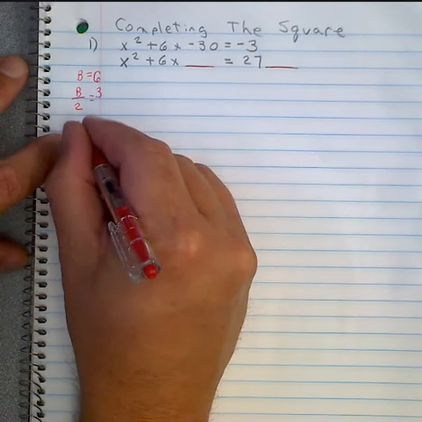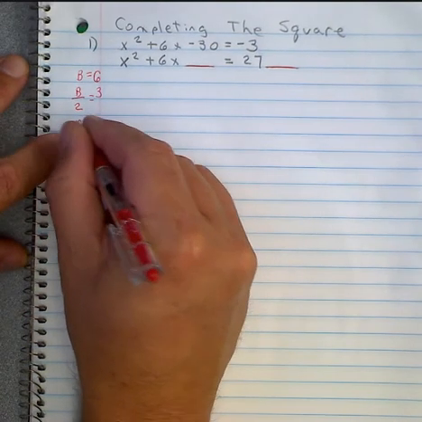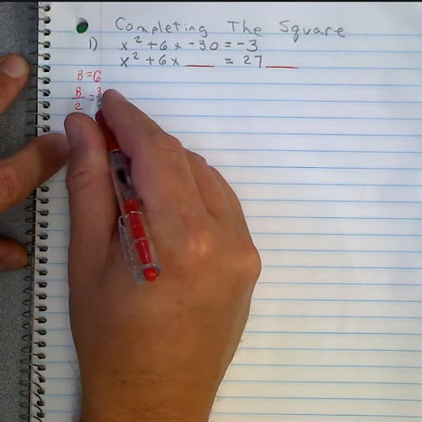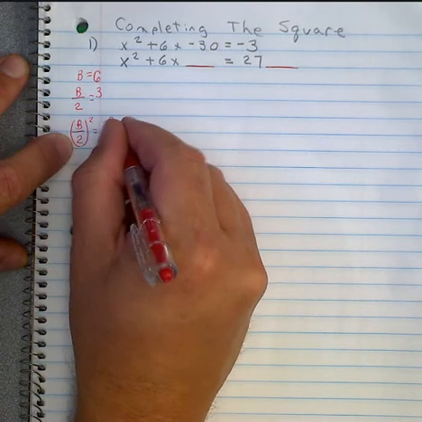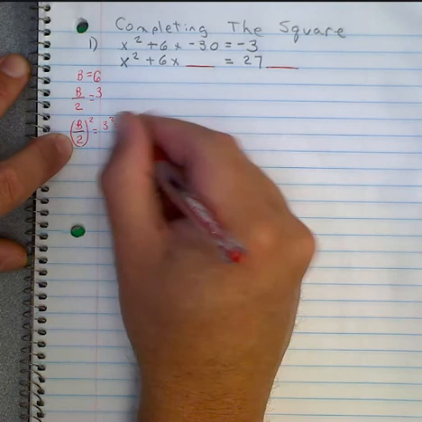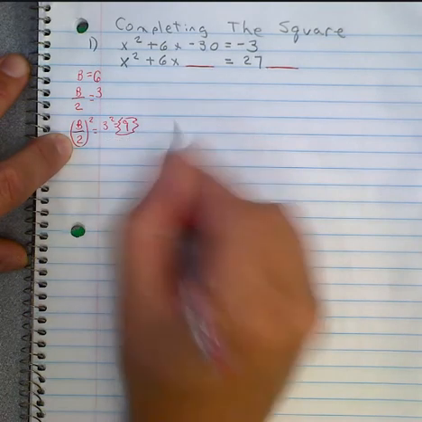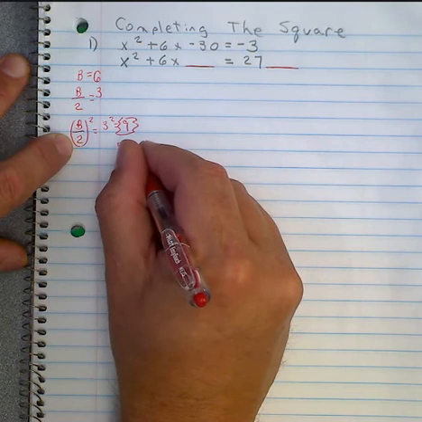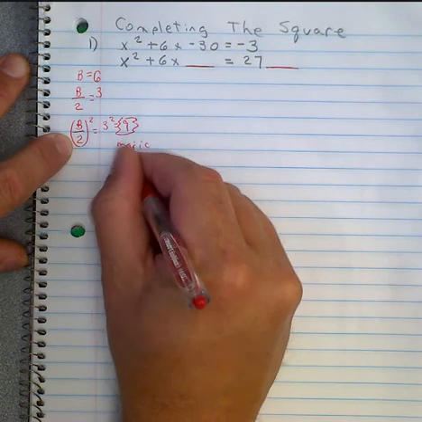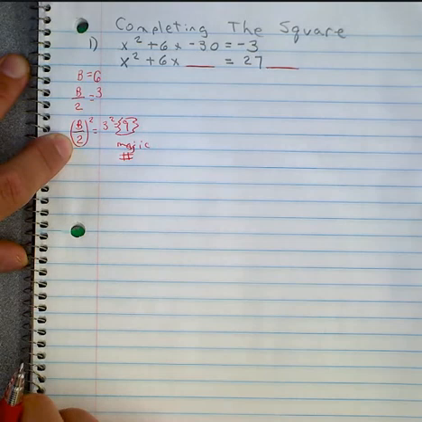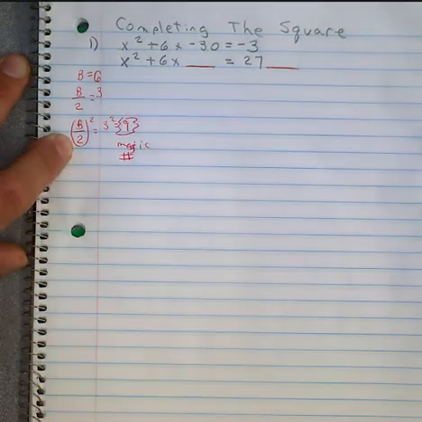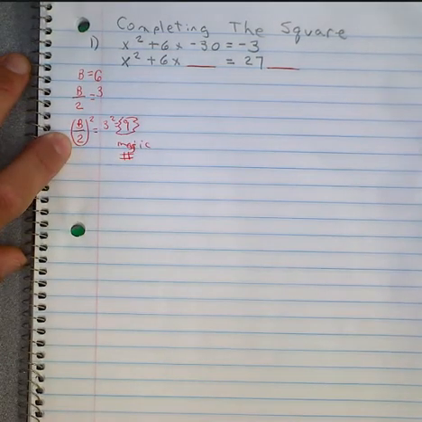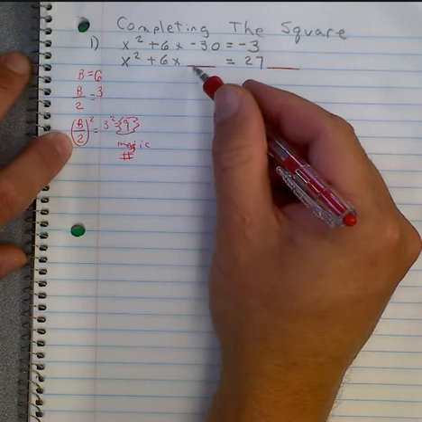And b over 2 squared would be 3 squared, that's 9. That is the magic number. So that's the number that I'm going to put right up here that will make this factorable.